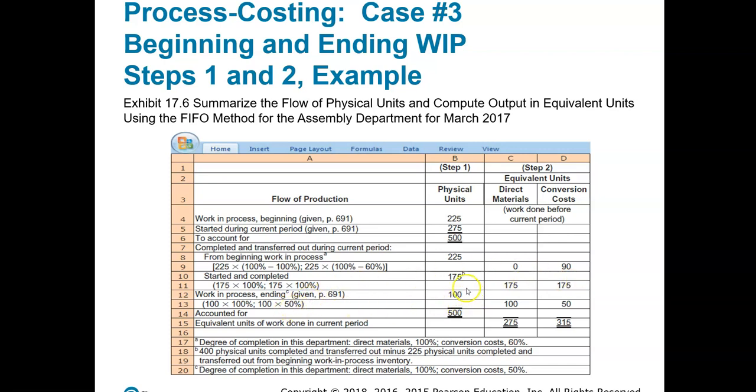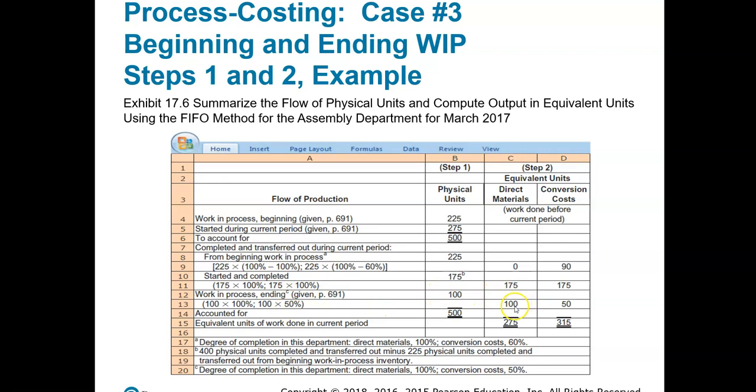Work in process. We have 100 units in ending inventory, and we're still going to multiply that by how far along in the conversion process they are. Direct materials are added at the beginning of the process. So if we're 50% of the way through the conversion process, which is what we're told in this book here, ending work in process is 50% converted.